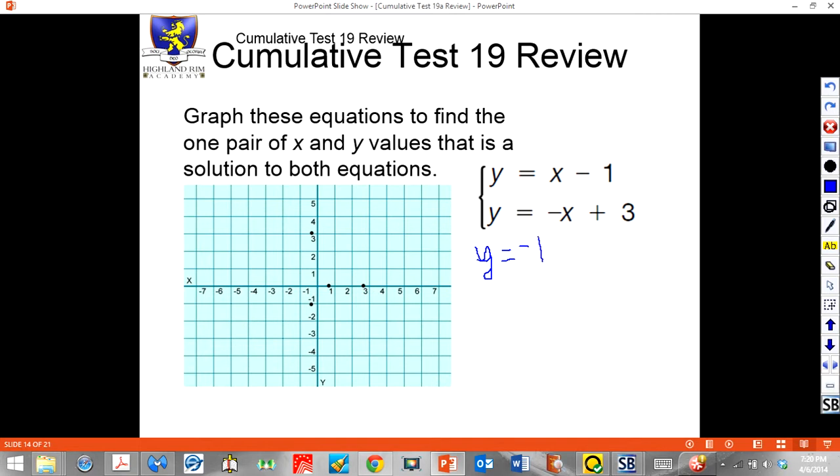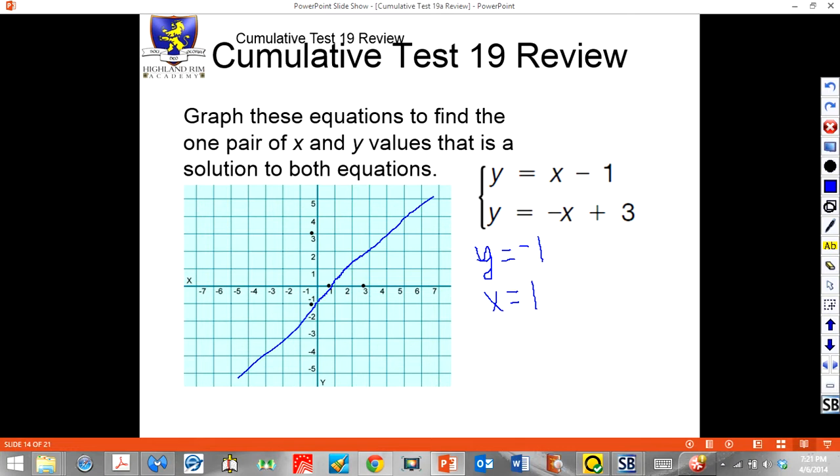When y is equal to 0, x is equal to 1. So what we do is we graph this line, and it will just go right up here, right down there. Okay, not a great line, but a good enough line.